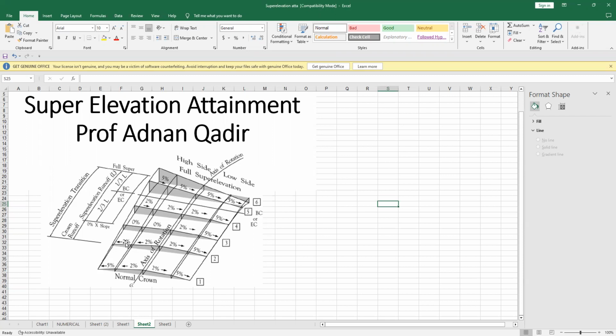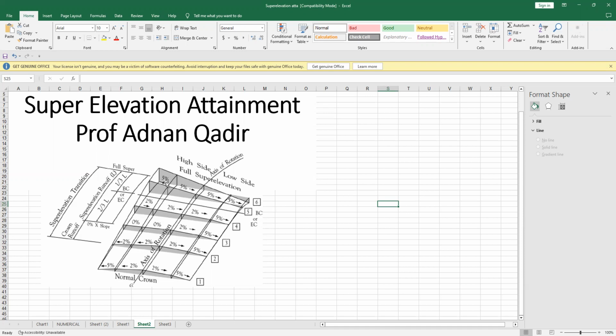And at the start of the curve, we have an adverse crown or negative crown of plus 2%. And at the end, we have a fully super elevated crown, that is 5%.